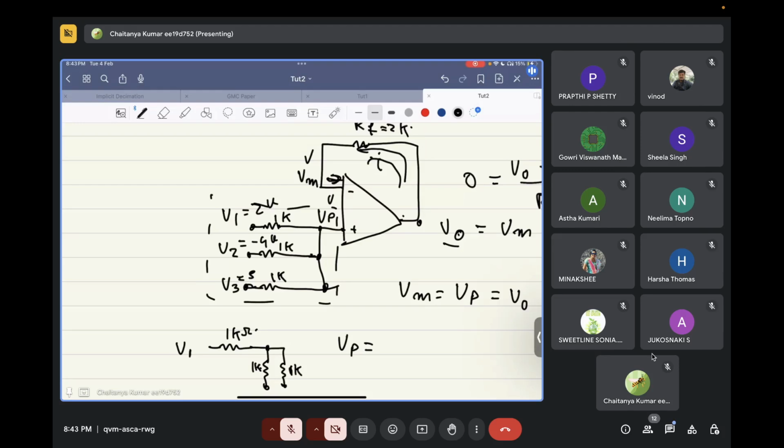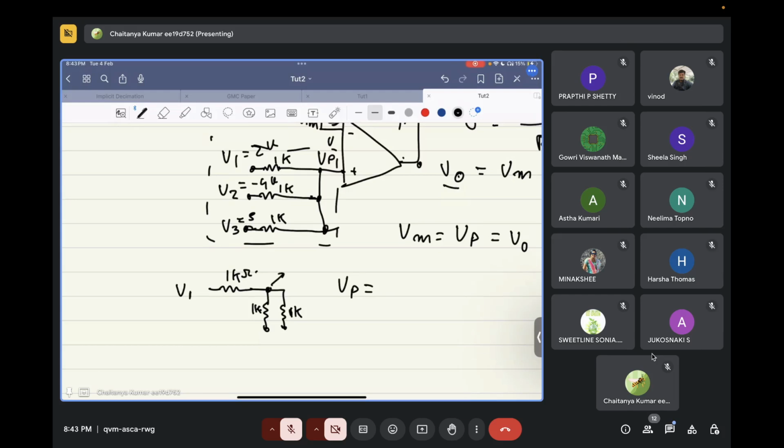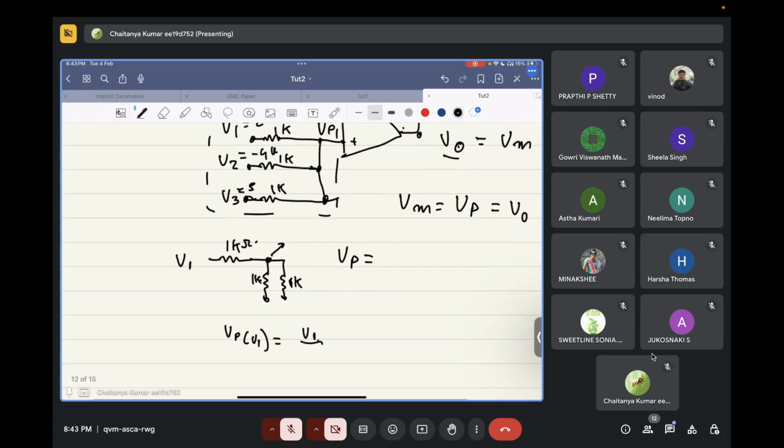So you will just make V2 and V3 equal to 0. So due to this, Vp due to V1 will be equal to V1 into 1 kilo ohm by 3 kilo ohms. Sorry, V1 into 0.5 kilo ohms.